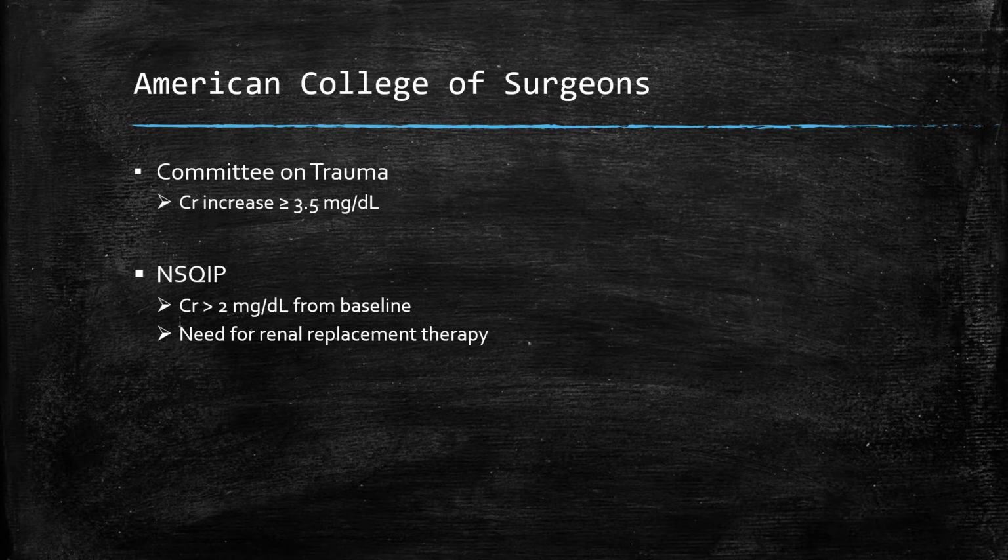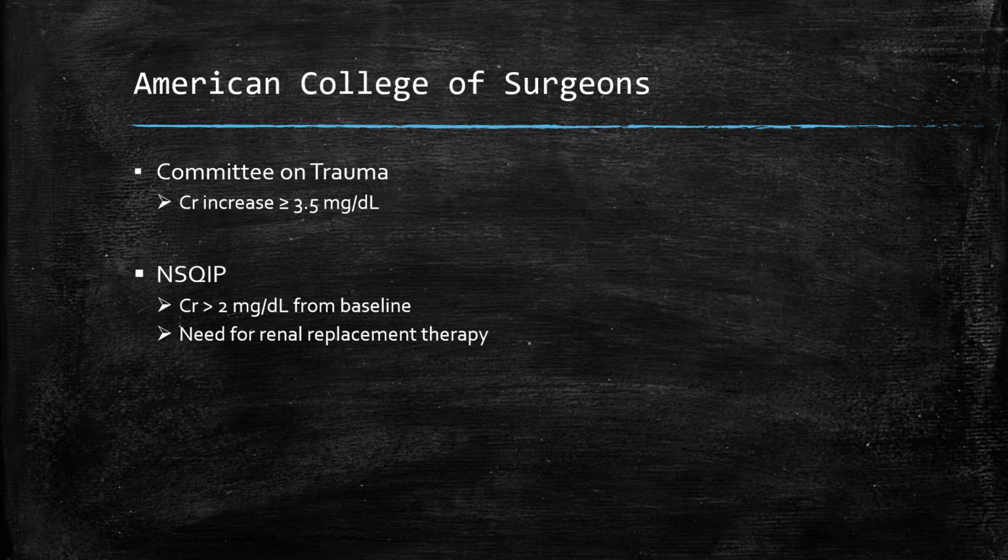But the first thing you're going to have to decide is, what is your definition of acute kidney injury? And sometimes the results you want to report will influence that decision. So if you choose the Committee on Trauma definition, that's a pretty stringent definition, and you're likely to find relatively few of your patients fulfill this criteria.